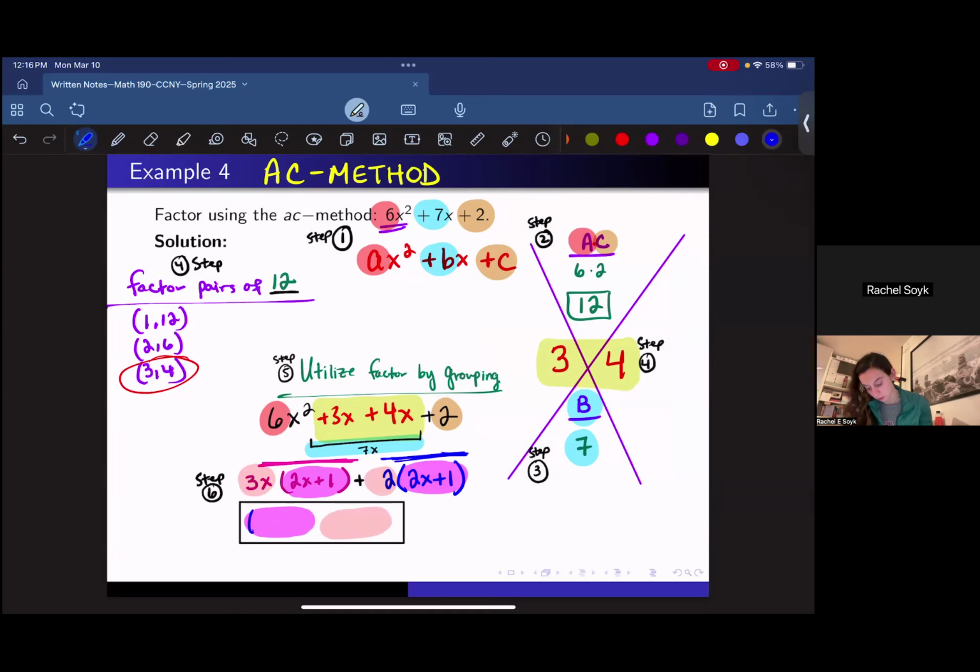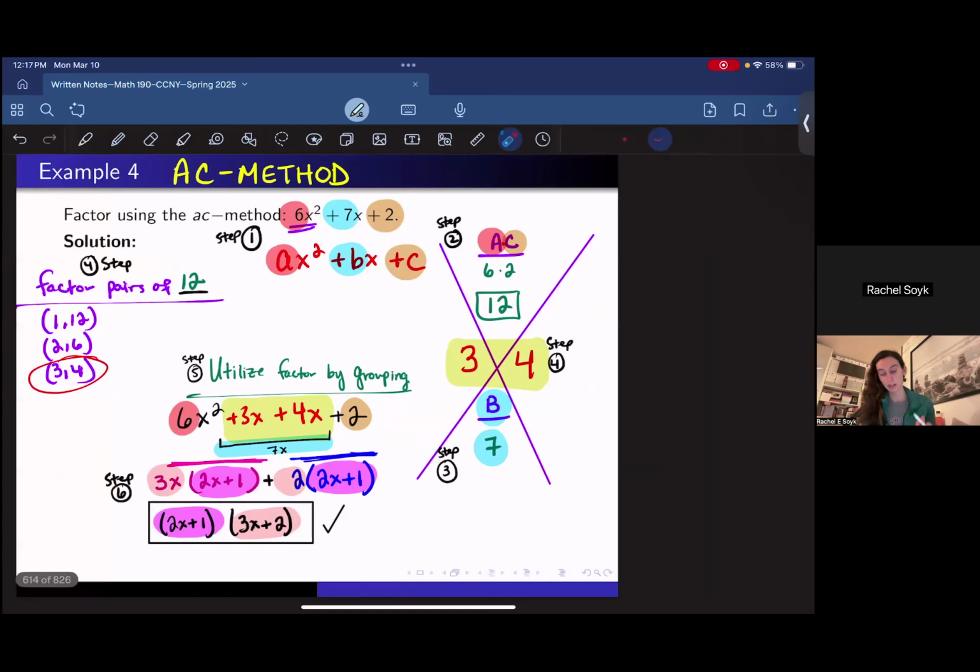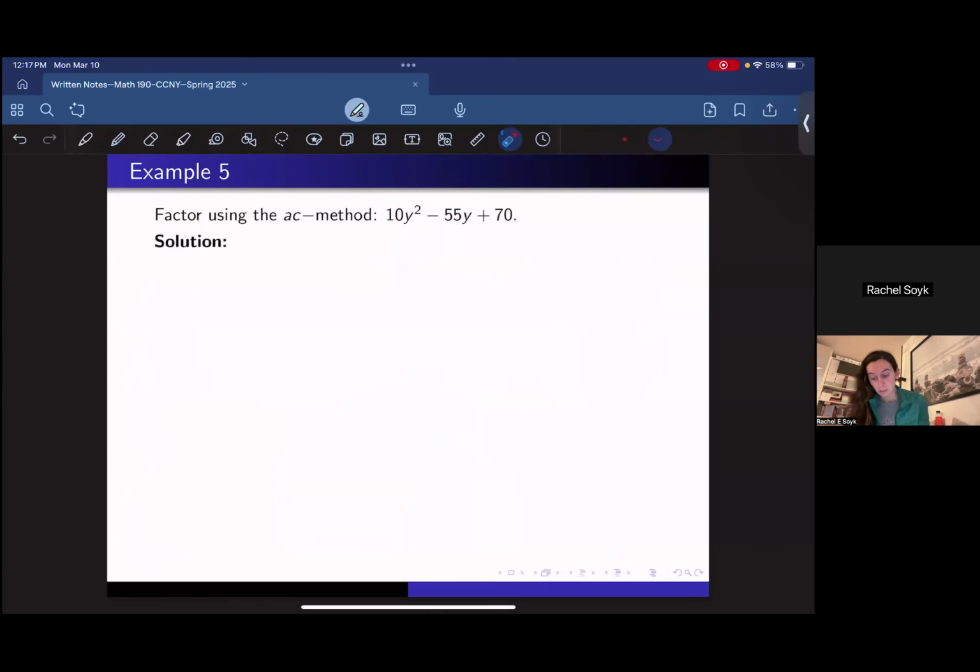So our overall result ends up being, in parentheses 2x plus 1, and then in parentheses that 3x plus 2. And we're done. So we very successfully completed our first AC method question where our A value was not 1, it was 6 in this case. Let's practice another example together.